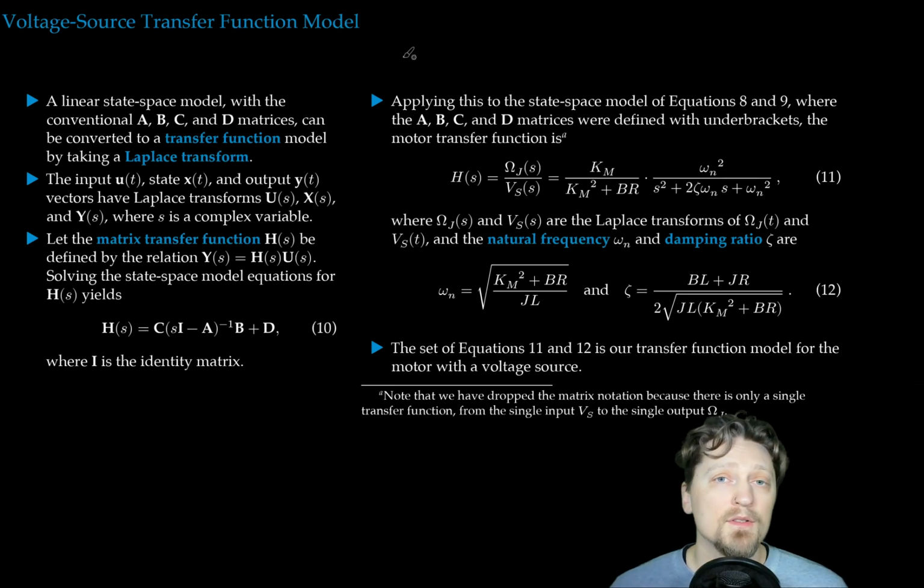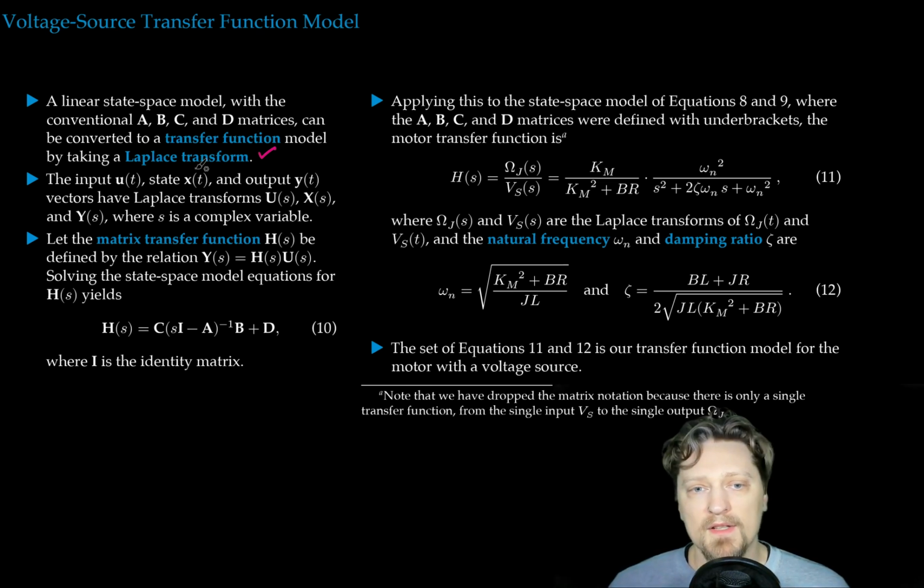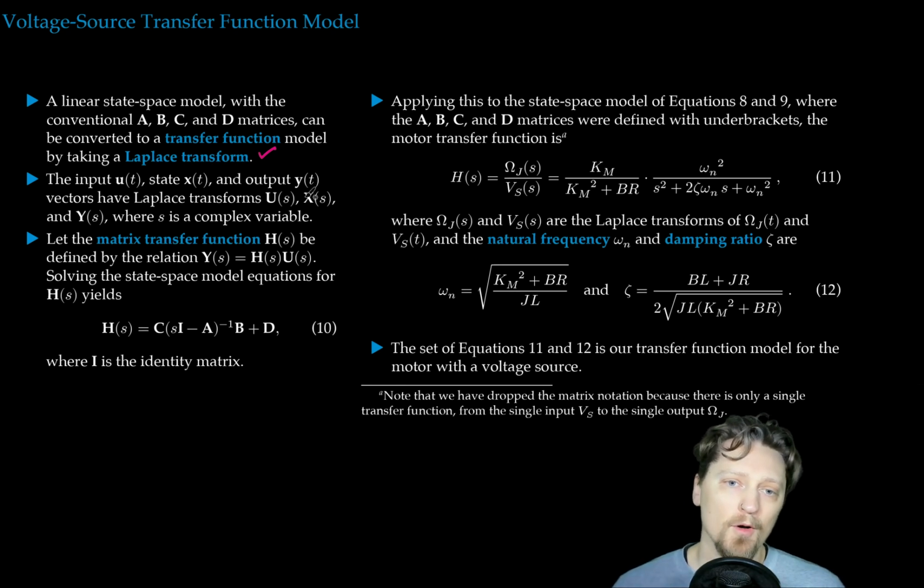Okay, voltage source transfer function model. A linear state space model, like we just derived, with the conventional A, B, C, and D matrices, can be converted to a transfer function model by taking a Laplace transform. The input U, state X, and output Y vectors have Laplace transforms capital U of S, capital X of S, and capital Y of S, where S is a complex variable.